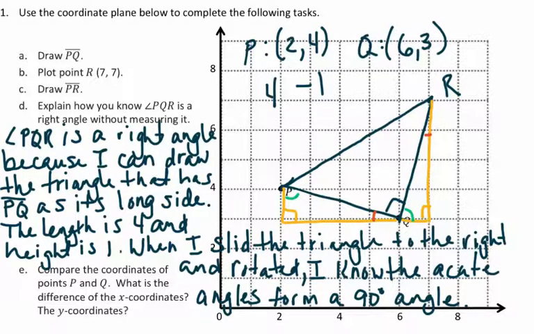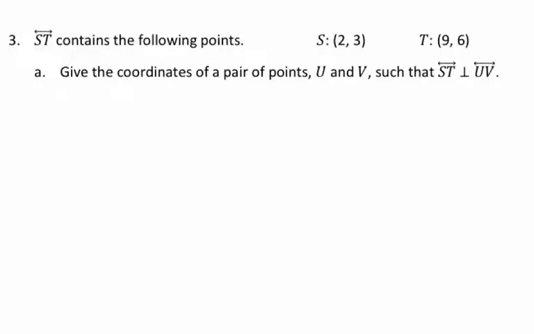Okay, so we're going to take a look at question number 3 as well. It says line ST contains the following points, and S is 2, 3, and T is 9, 6. Give the coordinates of a pair of points U and V such that line ST is perpendicular to line UV.